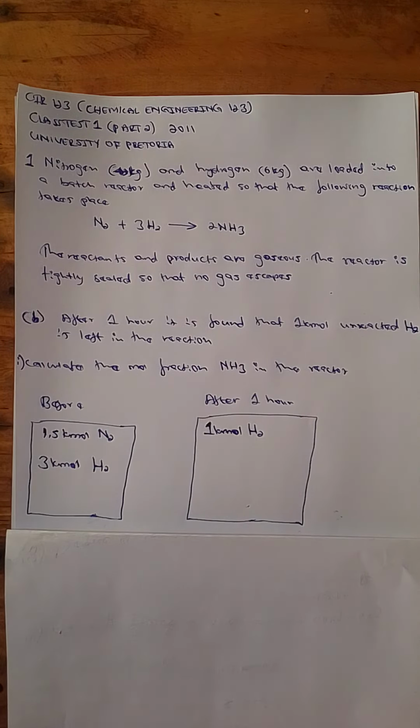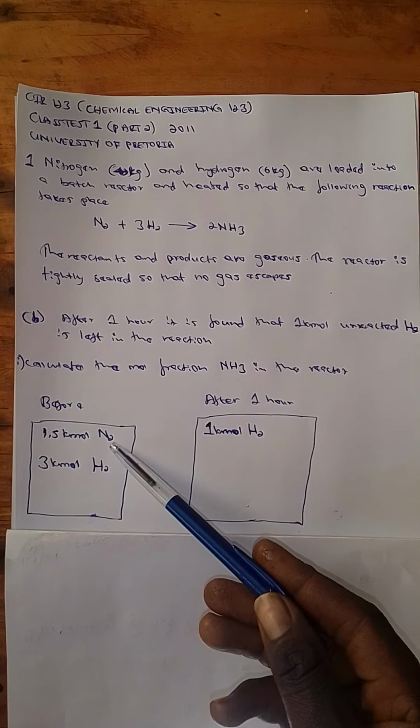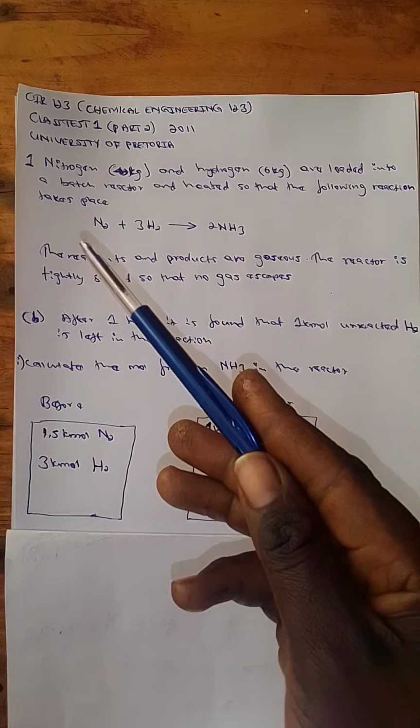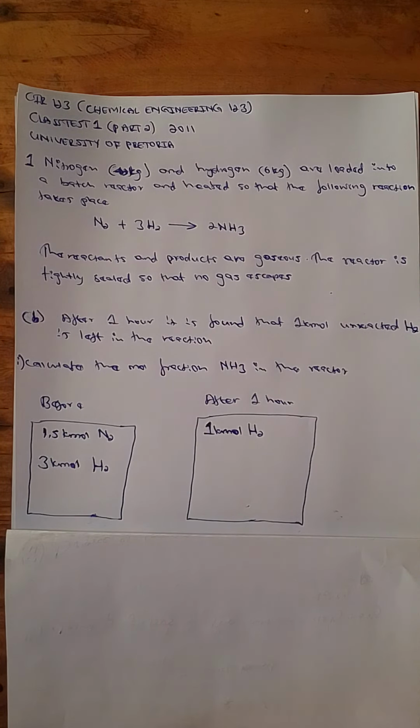They say after 1 hour it is found that 1 kilomole of unreacted H2 is left in the reactor. For us to understand that better, I made two illustrations here. Remember that we were told that 42 kilograms of nitrogen and 6 kilograms of hydrogen were loaded into a batch reactor, and it was a closed reactor.